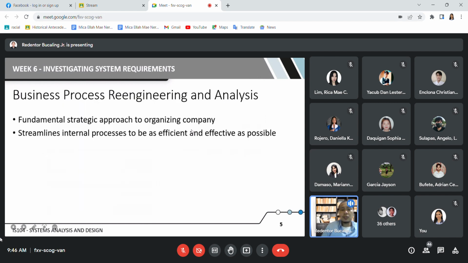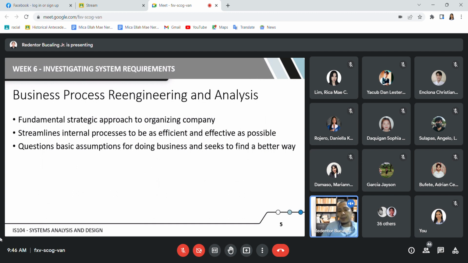Then we have also yung tinatawag nating business process reengineering and analysis. So yung BPRA deals with the fundamental strategic approach of the organization, making internal processes as efficient and effective as possible, and questioning basic assumptions for doing business and seeking to find a better way. So then of course you use information technology as part of business process re-engineering.